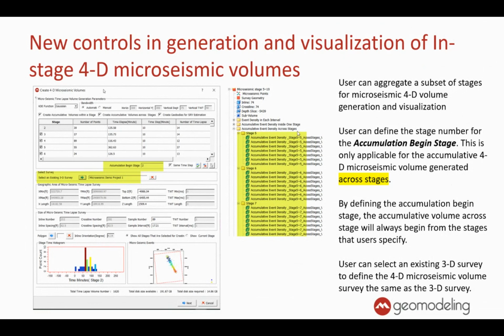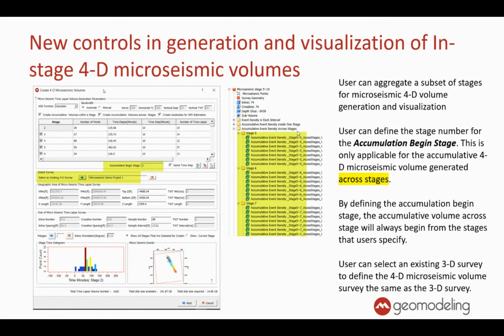Before, the accumulative event density across stages always started from the first stage, and this may not be what users expect, because sometimes we want to aggregate a subset of stages and only see the accumulative event density within these stages.